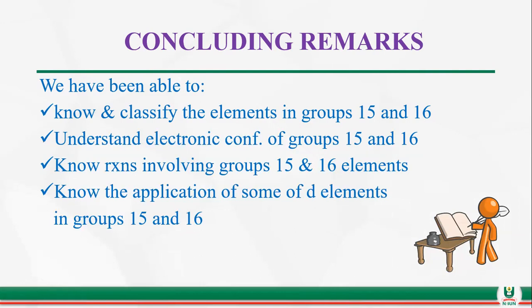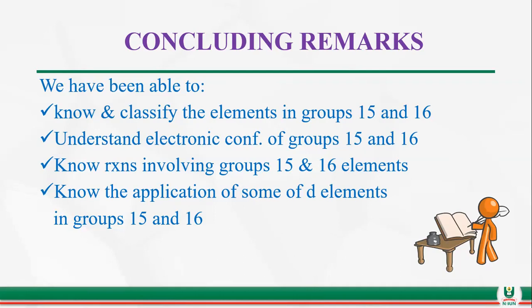The first element in that group is nitrogen, followed by phosphorus, and going down that way. However, in group 16, it is called the oxygen family or chalcogens family. The first member is oxygen, followed by sulfur, selenium, and tellurium.